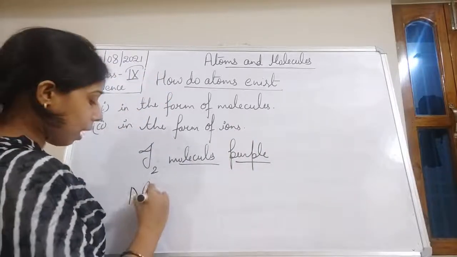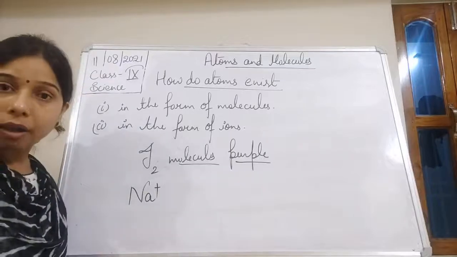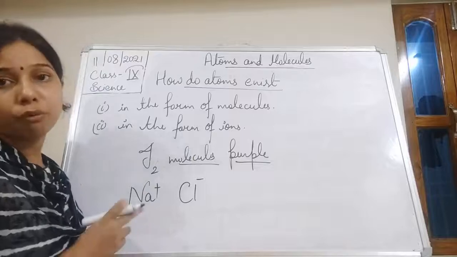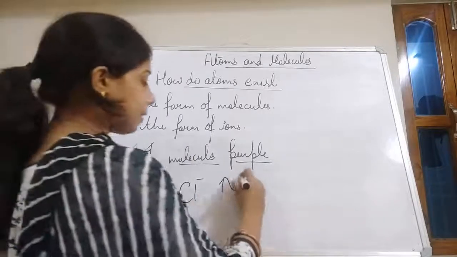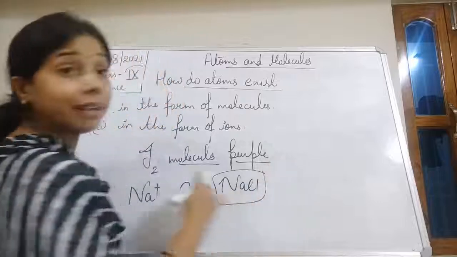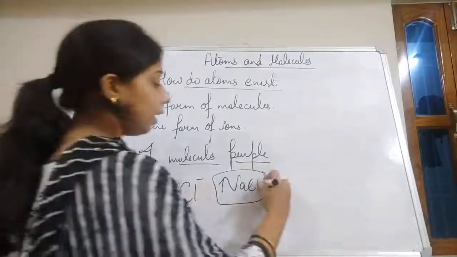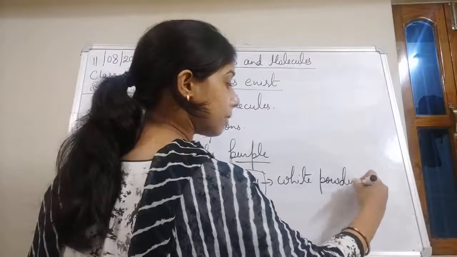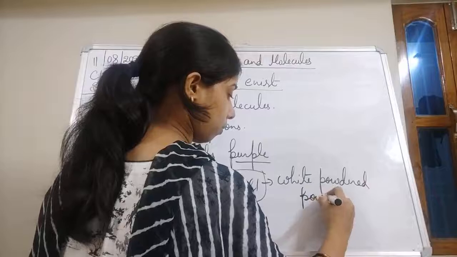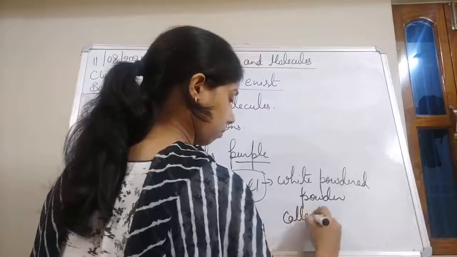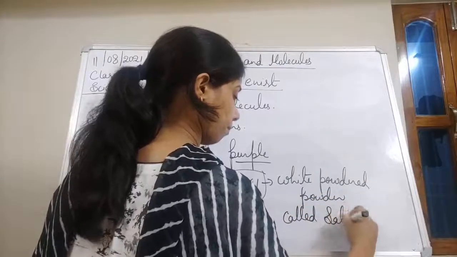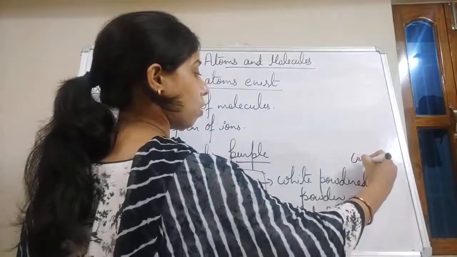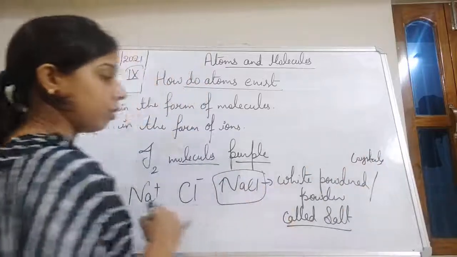Similarly, if we talk about ions, we cannot see the sodium ion or the chlorine ion, but the combination of both of them, that is the NaCl compound in a large amount, can be seen in a white powdered form, or crystal form, which we call salt.